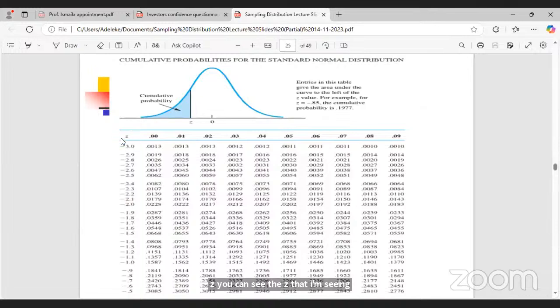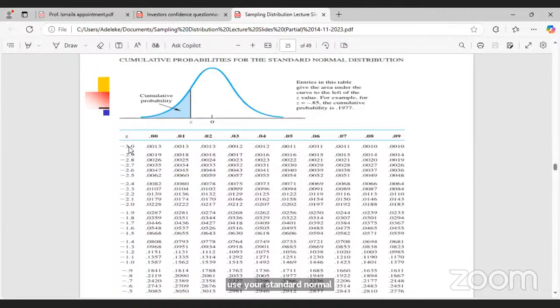Can you see it? Z. So that's the second name for it. So either you call it the standard normal table, or you call it the Z table. Which means that if you are computing margin of error, and there is that symbol of Z in there, that signifies that the table that you'll be making use of is the standard normal table.